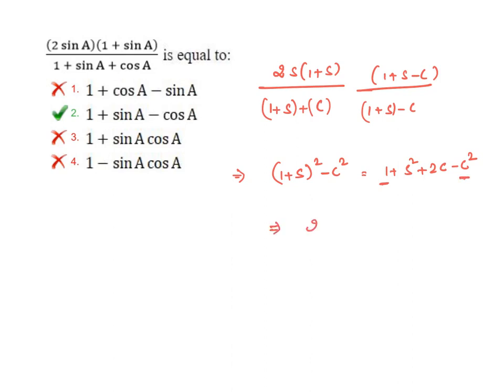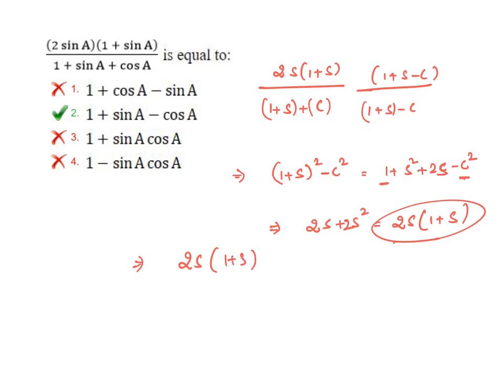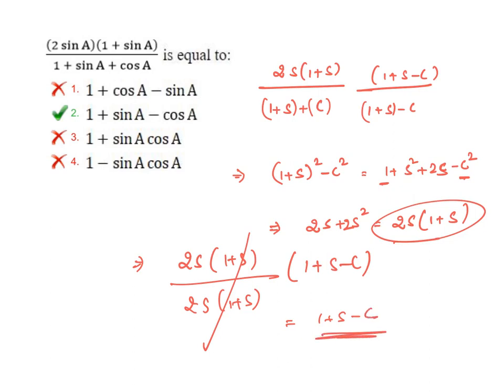Therefore, you will get 2 sin plus sin square, 2 sin square theta. If you take 2 sin theta common, you will get 1 plus sin theta. So, your denominator becomes 2 sin theta into (1 plus sin theta). Now, you write your numerator 2 sin into (1 plus sin theta)/(2 sin into 1 plus sin theta). In the numerator, you have 1 plus sin minus cos. The rest just gets cancelled. So the answer is 1 plus sin theta minus cos theta.